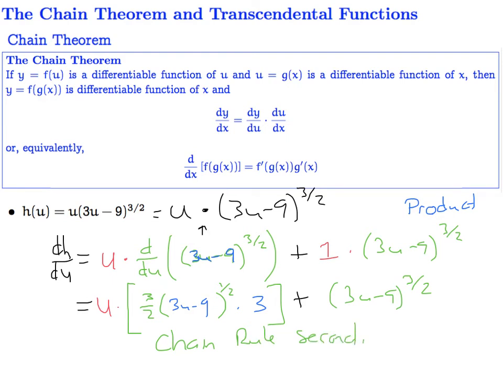So this is going to be key. Now that we know several techniques, we're going to be able to combine them all into computing derivatives. And this is an important thing now. Between the chain theorem, product theorem, quotient theorem, power theorem, trig functions, you can now compute pretty much every derivative that you want to. Not true with integrals, but for derivatives we pretty much know all the techniques there are.